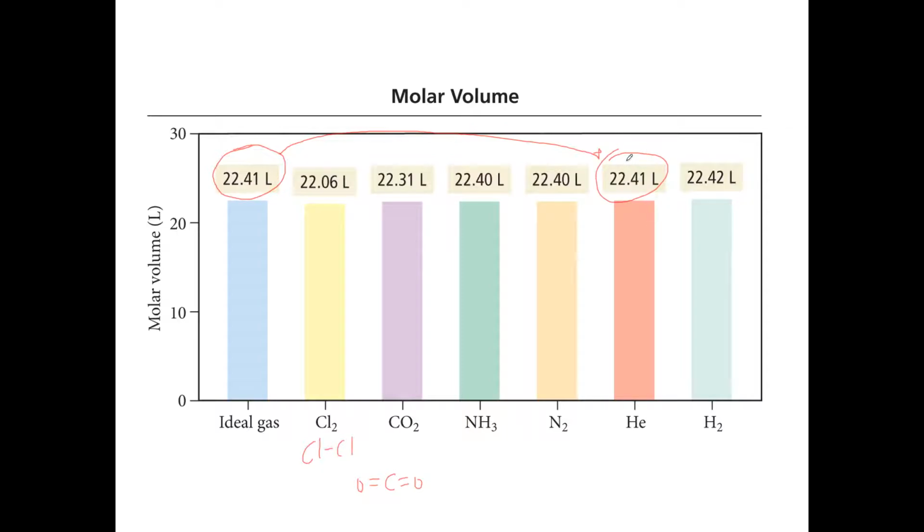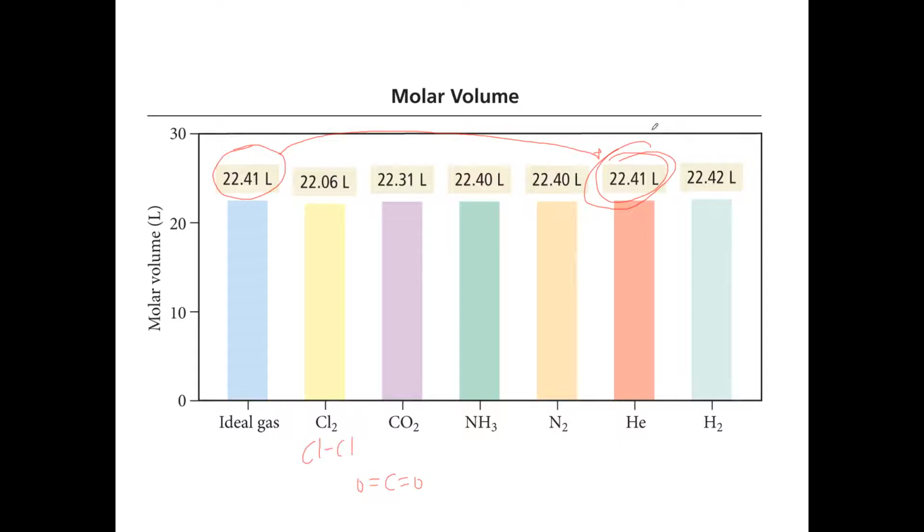So you can see that to a pretty good degree of approximation, the molar volume of a gas is 22 liters per mole. Sorry, I said moles per liter at first. It says it right there: 22 liters per mole.